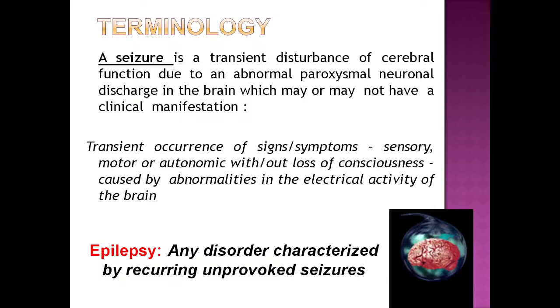So it could be a CNS disease, it could be a CNS trauma, due to which you are getting, let's say, meningitis, stroke, or an acute traumatic brain injury which has caused a seizure. So that seizure is a provoked seizure. It's an acute symptomatic seizure that will not count towards the diagnosis of epilepsy. We will look at this further.